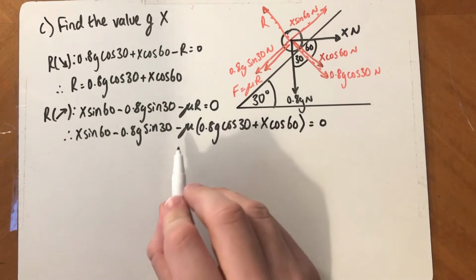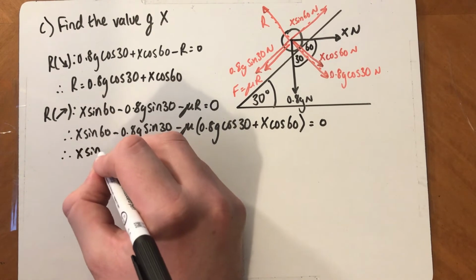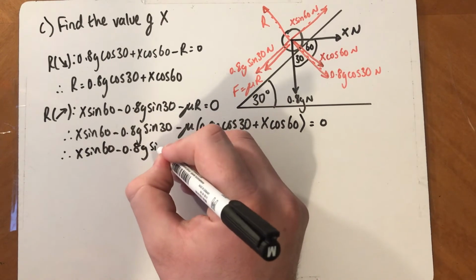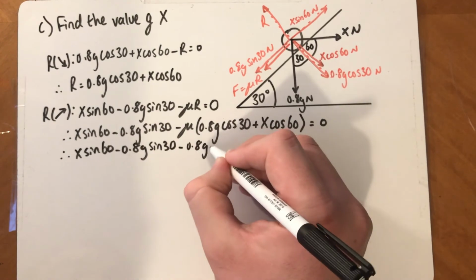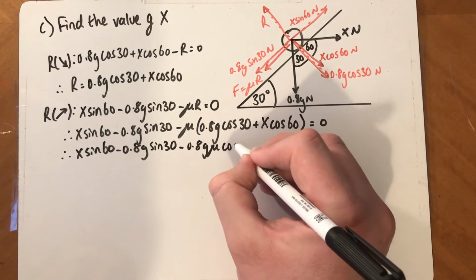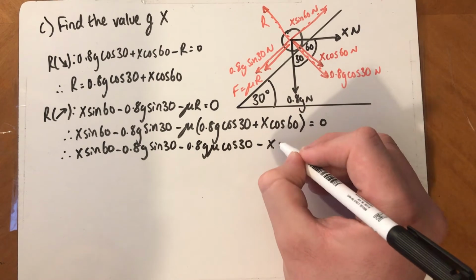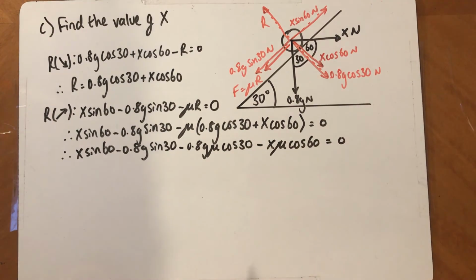And if I expand these brackets, x sine 60 minus 0.8 g sine 30 minus 0.8 g mu cos 30 minus x mu cos 60 is equal to 0, okay? So what I'm going to do now is solve for x.